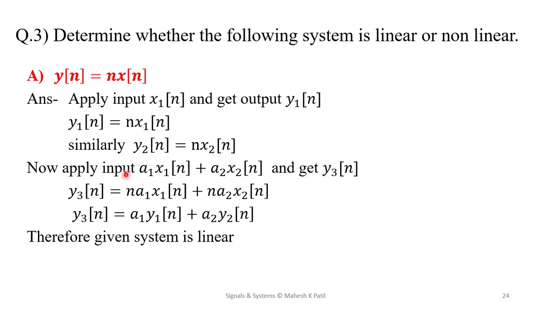Now apply input a1 x1(n) + a2 x2(n) and get the new output, that is y3(n). So y3(n) will be n a1 x1(n) + n a2 x2(n). Therefore y3(n) = a1 y1(n) + a2 y2(n).